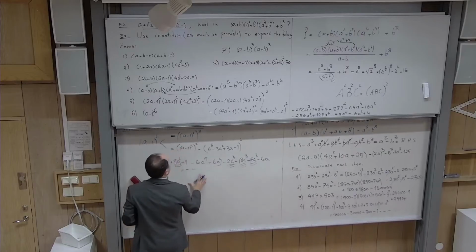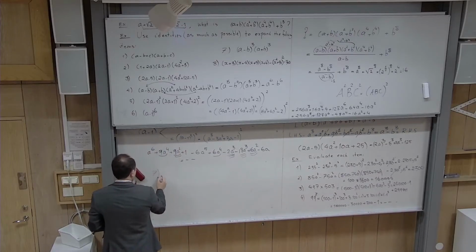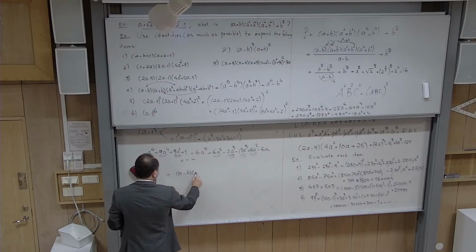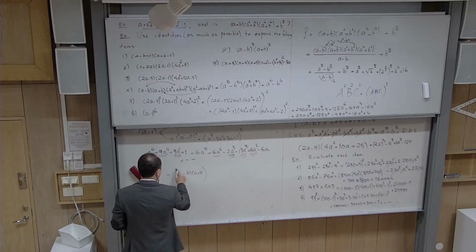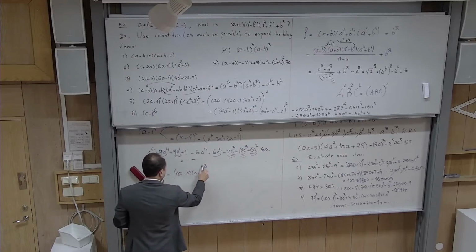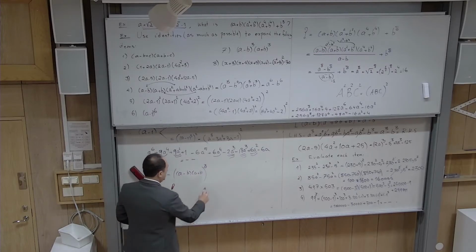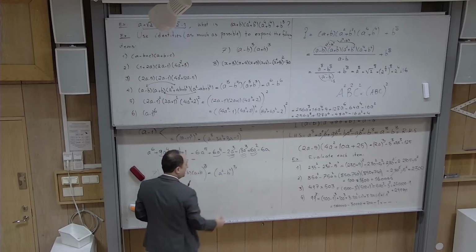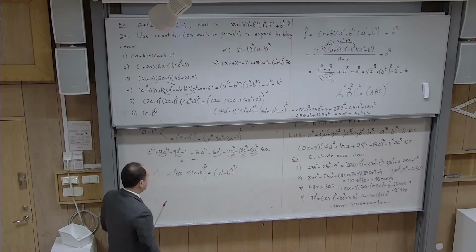So number 7 becomes equal to, as you said, a minus b and then a plus b totally to power 3. And then this becomes the conjugate rule, so this becomes a squared minus b squared to power 3. Then we have the rules for the third power.